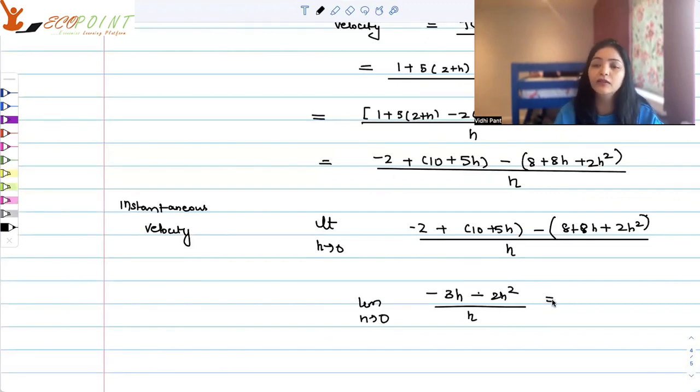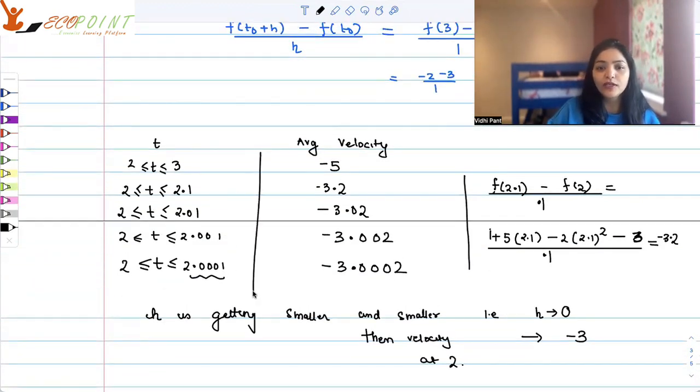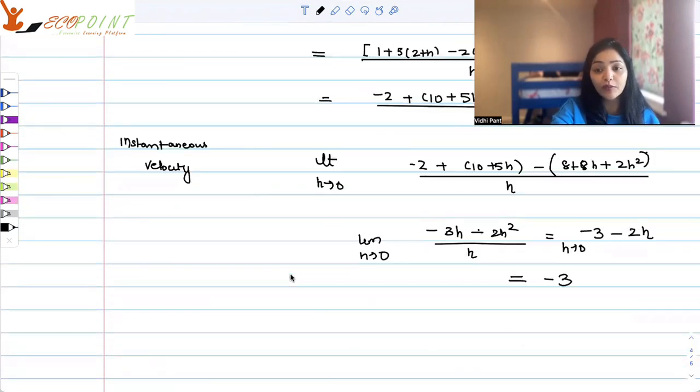So we'll be using the concept of limit because, as I said, h is not exactly equal to 0. It is tending towards 0. So here h cancels, and what you get here is minus 3 minus 2h as h goes to 0. Since h goes to 0, this will just give you minus 3, which is intuitively what we figured out using this table and going closer and closer to 2. That's what our intuition said. We are moving towards minus 3.